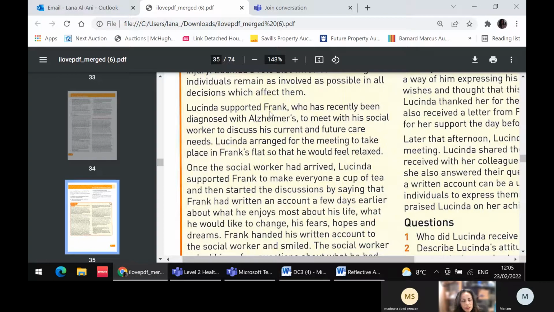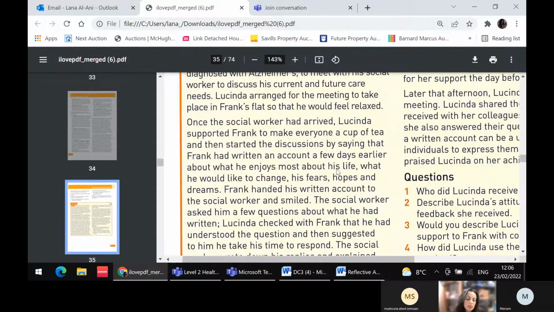And once the social care worker arrived, Lucinda supported Frank to make everyone a cup of tea, and discussed that Frank had written an account a few days earlier about what he enjoys and what he likes in his life, and what he likes to change.